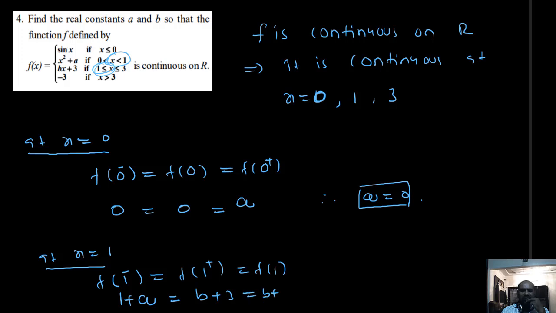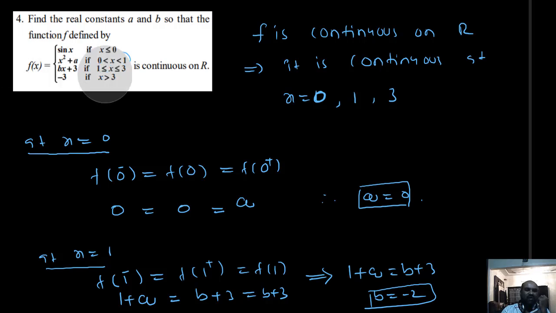What will we get? 1 plus a equal to b plus 3. Already you got a equal to 0, then b plus 3 equal to 1, b equal to minus 2.